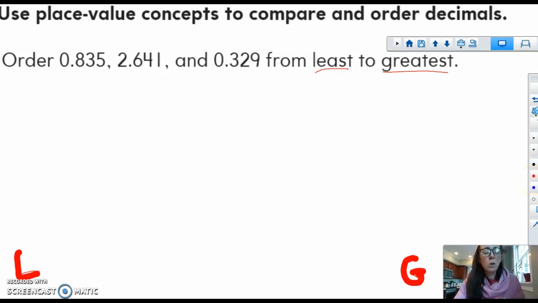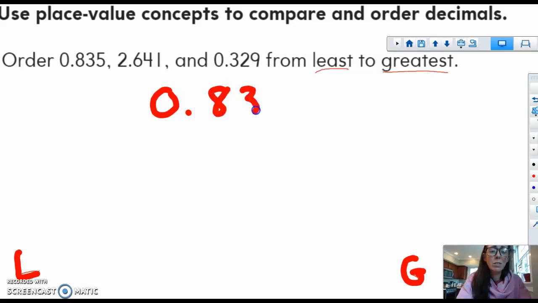I'll make those bolded so that I remember when I go to do my answer, because sometimes you forget. So the first thing that's super important when we're comparing and ordering decimals is to stack the decimals vertically so that you can look at the places and compare the value going from the ones all the way over to the thousandths. This gets really important, especially with trickier decimals that have a lot of the same digits.